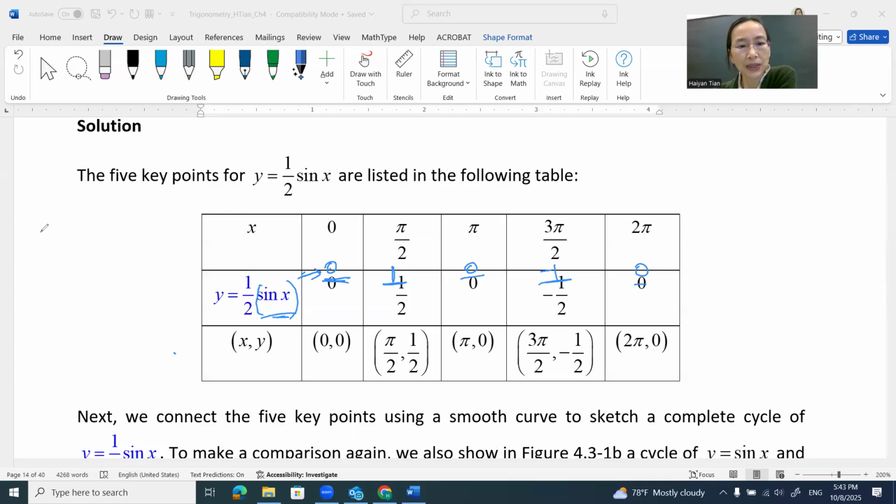So 1 becomes half, -1 becomes -half, but 0 doesn't change. Half of 0 is still 0. So we have these ordered pairs.